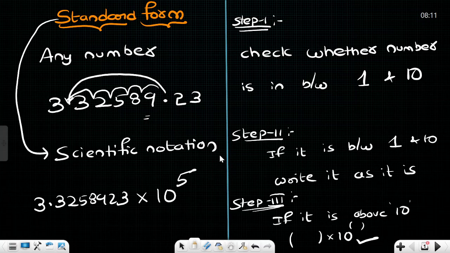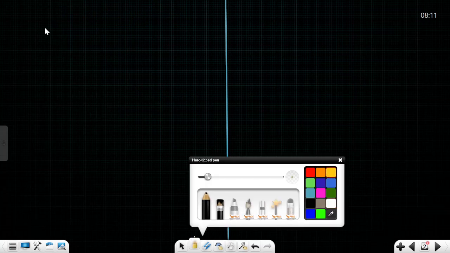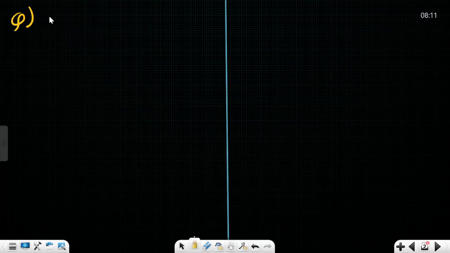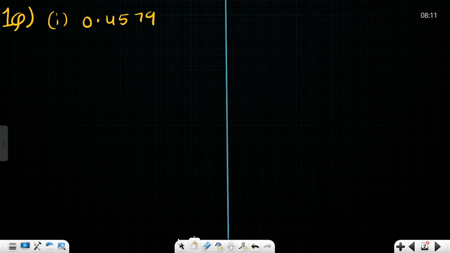Okay, so now let's see some of the questions. Write down the first question. In the first question itself, Akshita, there are plenty of questions. 0.4579, we have to write it in the standard form. This number is not in between 1 and 10.